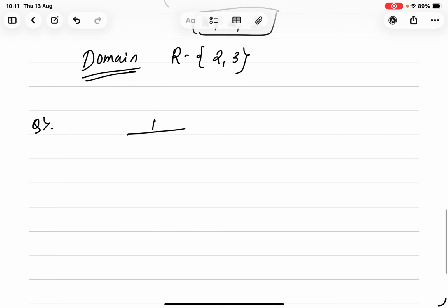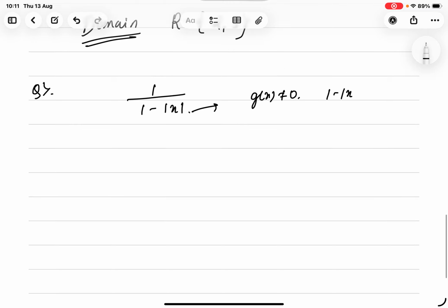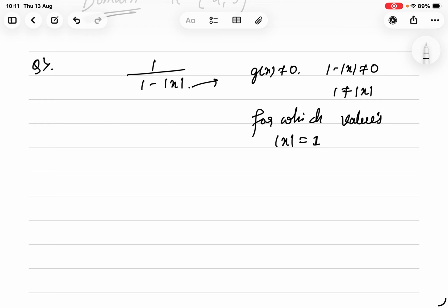And take another example. Find the domain of 1 divided by 1 minus mod x. So here also the denominator is not equal to 0. 1 minus mod x is not equal to 0, 1 is not equal to mod x. And what about the x value? For which values is mod x equal to 1?